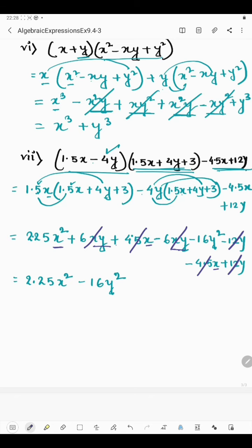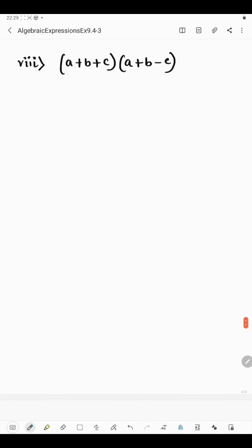Now coming to the last part of this question. In the last part we have a plus b plus c multiplied by a plus b minus c. So here we are multiplying a trinomial with a trinomial. We'll take the first term, which is a, and this should be multiplied by the trinomial a plus b minus c. This is the second trinomial.